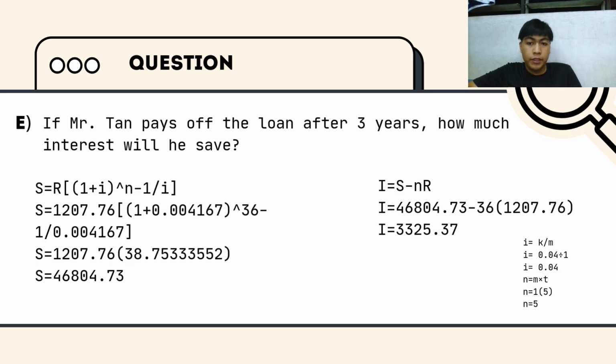E. If Mr. Tan pays off the loan after 3 years, how much interest will he save? We will use the formula S equals R open bracket 1 plus I close bracket power of n minus 1 over I close bracket.